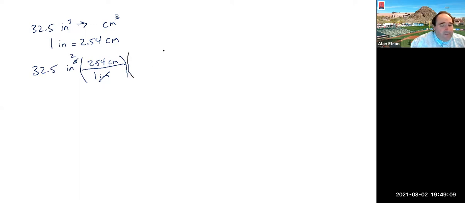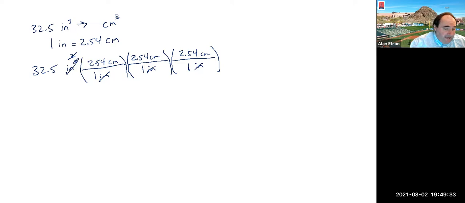So I don't need to do this conversion once. I actually need to do it another time. That inch will cancel the second inches cubed. And I need to do it one more time here to completely cancel it.